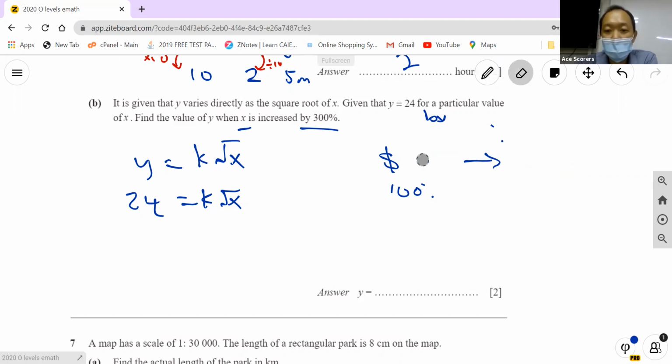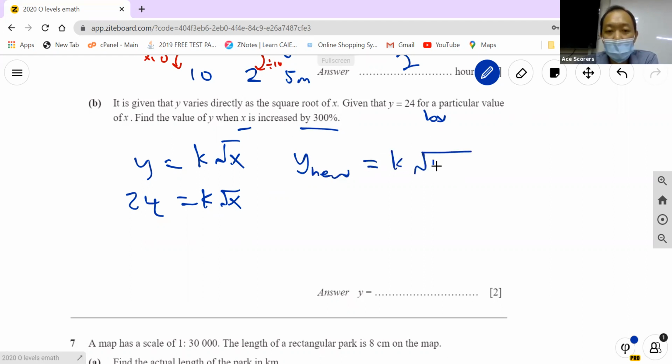Alright, so using the same idea, we come back to here. So now my new x is not 3x, it's 4x. So I'm going to call it the new thing, k square root 4x.